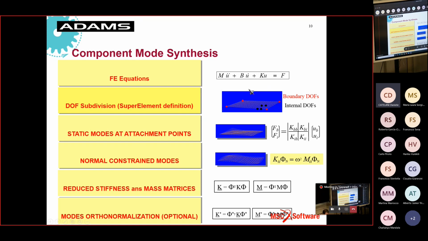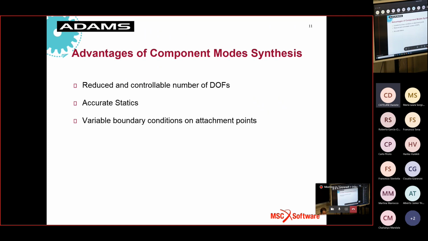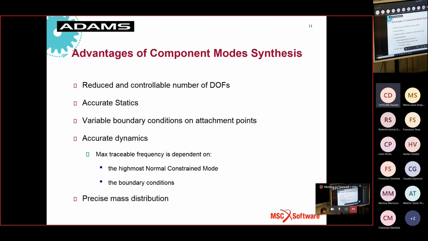You create your mesh in Nastran, you select your boundary nodes, you select how many modes you want to evaluate, and click Sol 103. That's all, and you get results for Adams. The advantage of this technique is evident. First of all, as already said, we have full control about the number of degrees of freedom of... Excuse me.